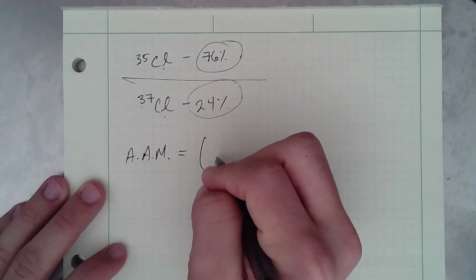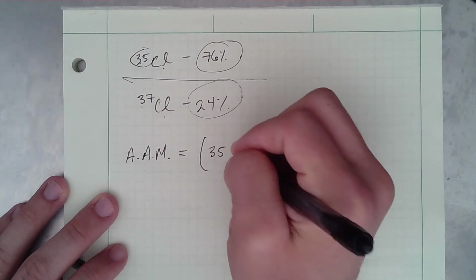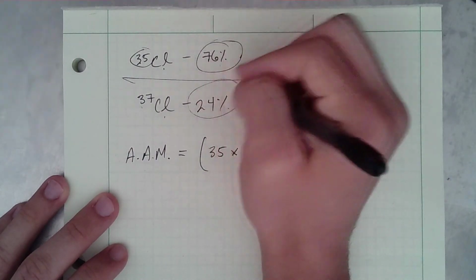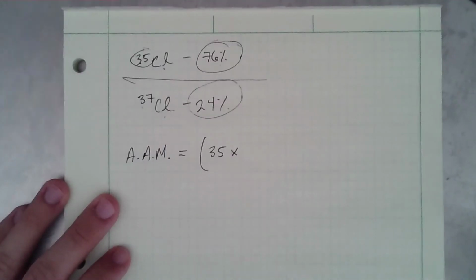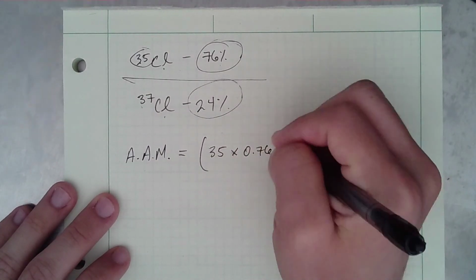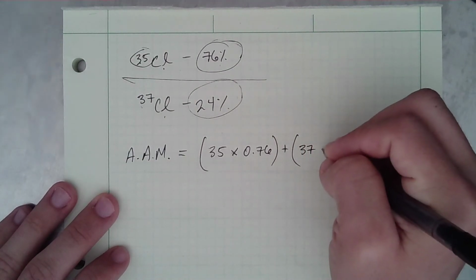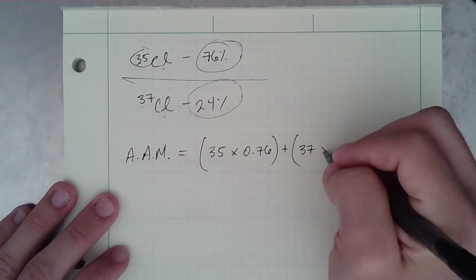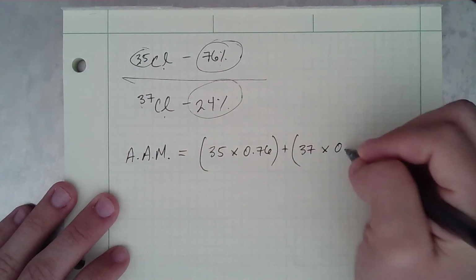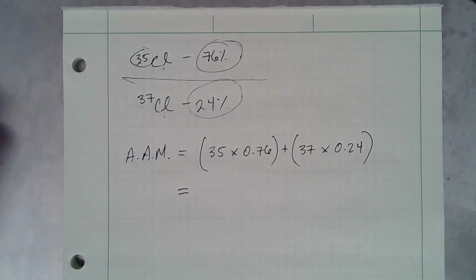My value is my mass, okay, so 35, and then I'm going to multiply that times my abundance, but I have to use the decimal version of the percentage, so 0.76. And then I'm going to add that to the mass of the second one times the percentage for the second one, 0.24. Okay? So, very, very simple.